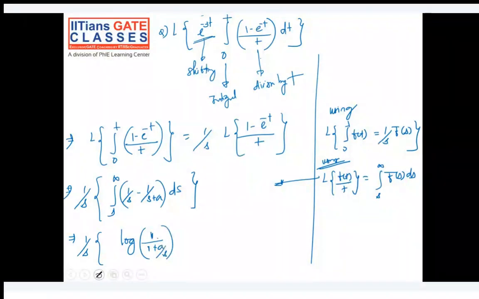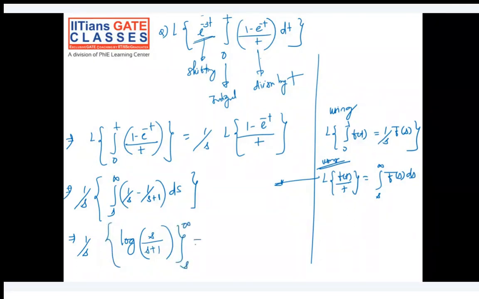And here a is 1. So 1 upon 1 plus 1 by s I can write. Or just keep it simple: s divided by s plus 1. And then put the limits, that is s to infinity.